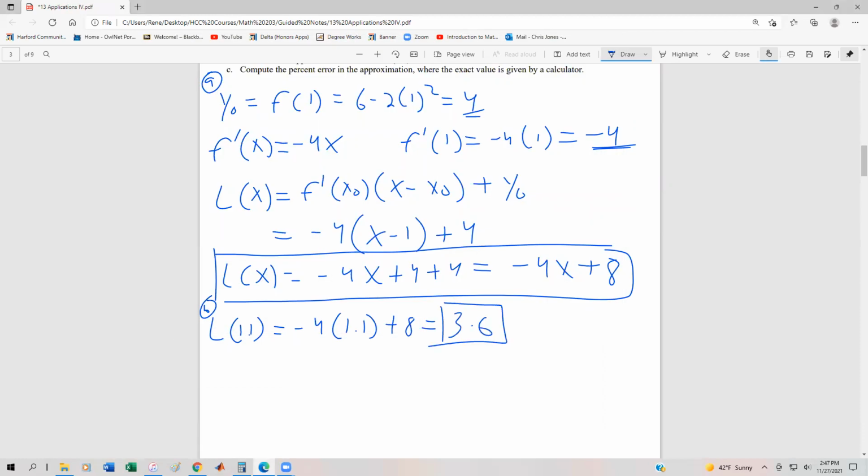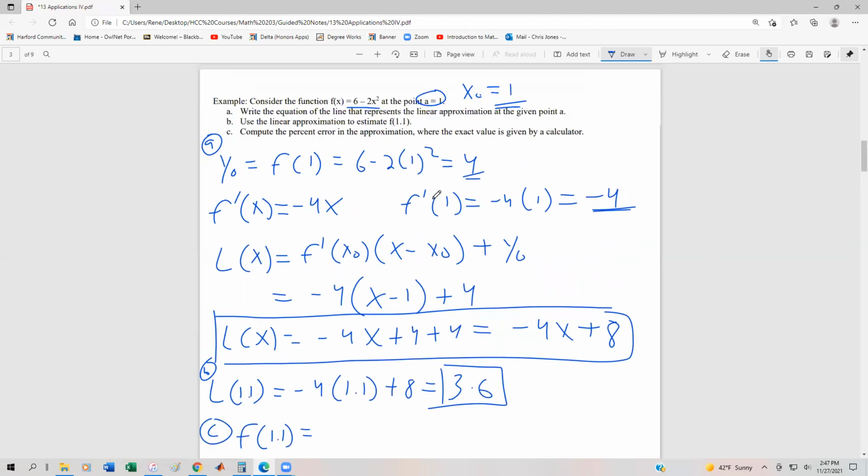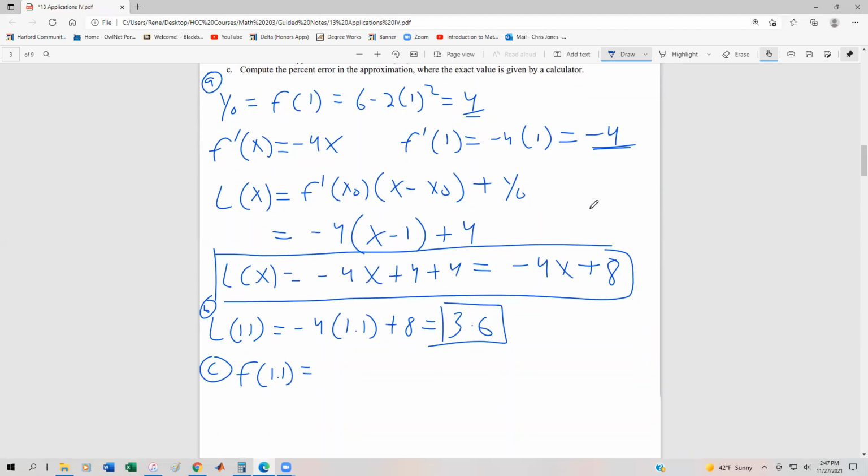So that's the approximation. Now, what's the actual value? Well, the actual value is going to be f at 1.1. Remember our original function was 6 minus 2x squared. So that's going to be 6 minus 2 times 1.1 squared. And again, we need our calculator to do that.